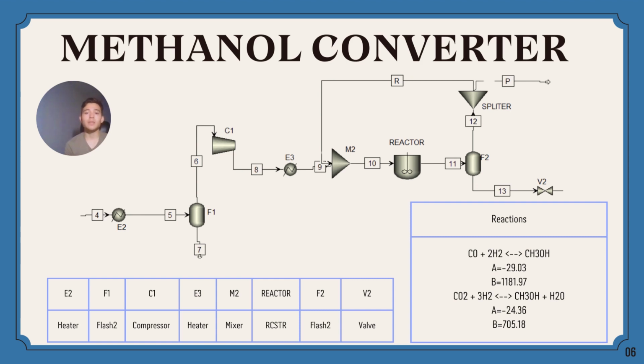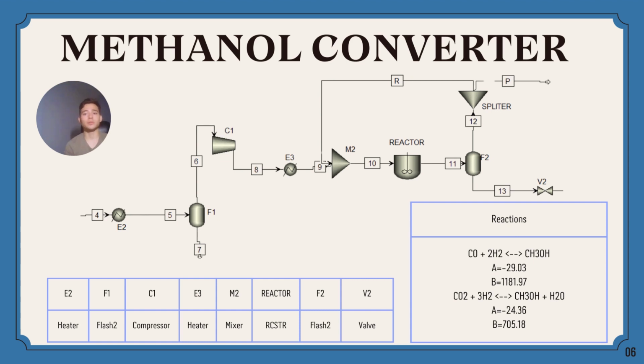Well, we also have a mixer, so we can mix our inlet stream, in this case stream number 9, and the recirculation stream, the R stream. The reactor is an equilibrium reactor. We use this reactor because we have the equilibrium coefficients.